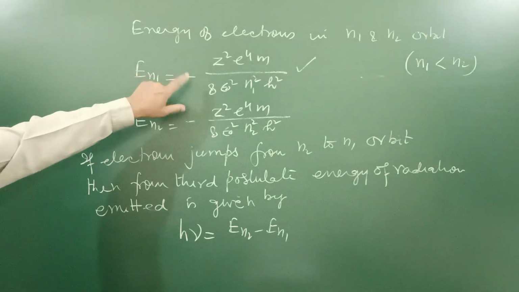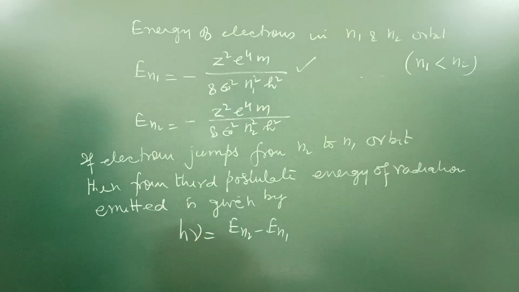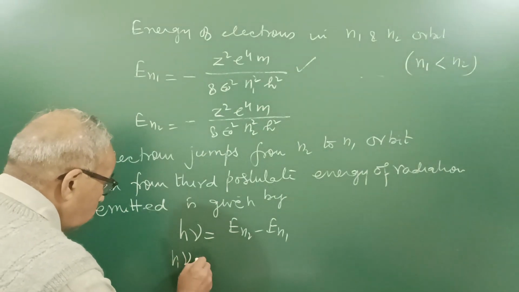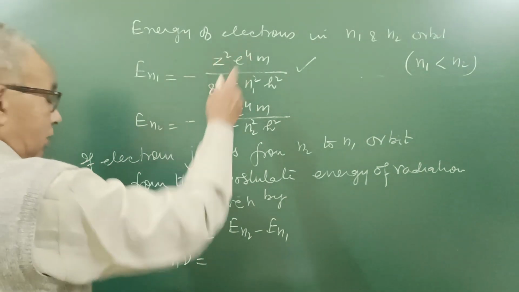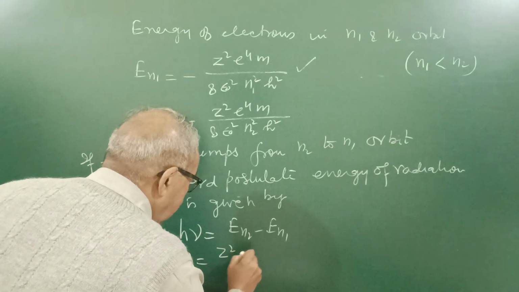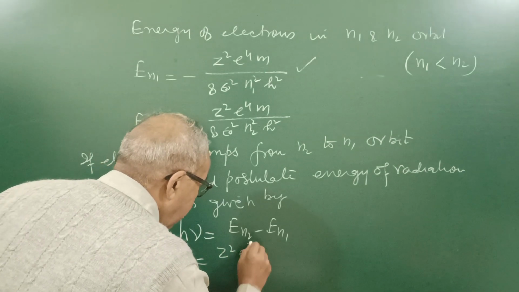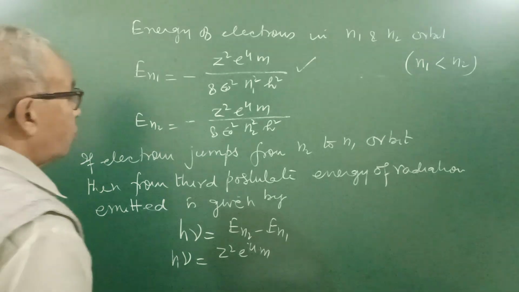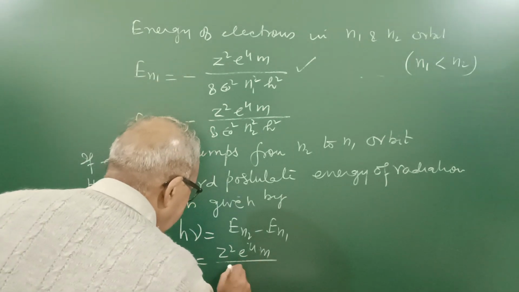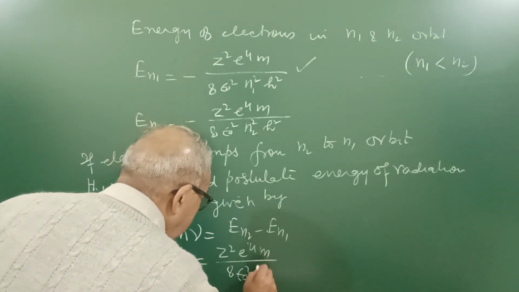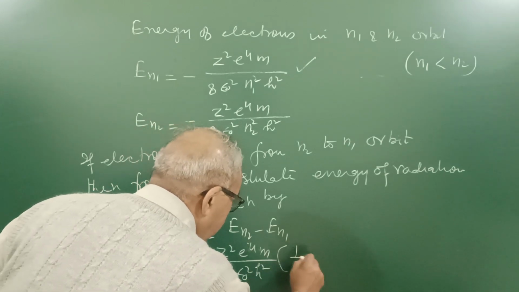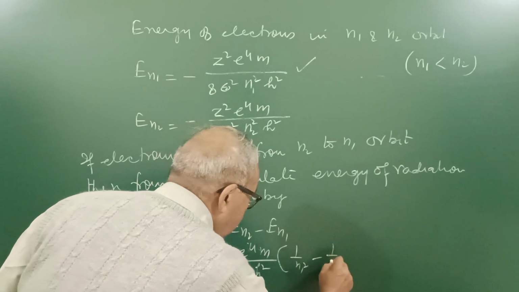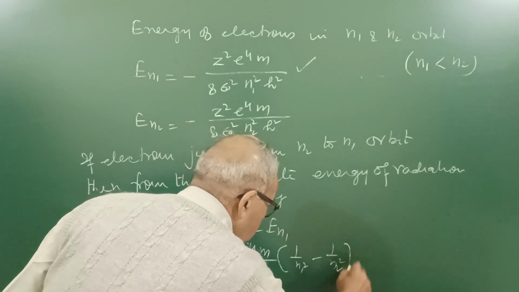This minus this, it will become plus. So here h nu is equal to Z square e^4 m upon 8 epsilon 0 square h square, bracket 1 upon n1 square minus 1 upon n2 square.